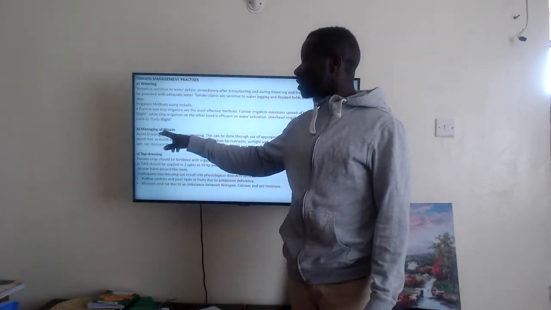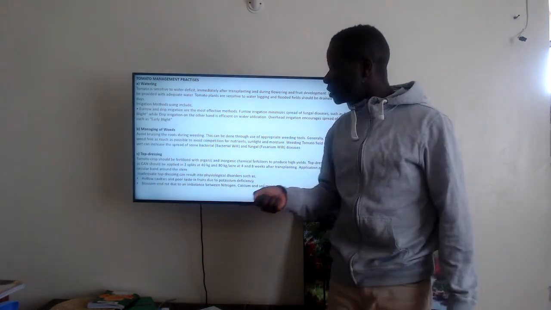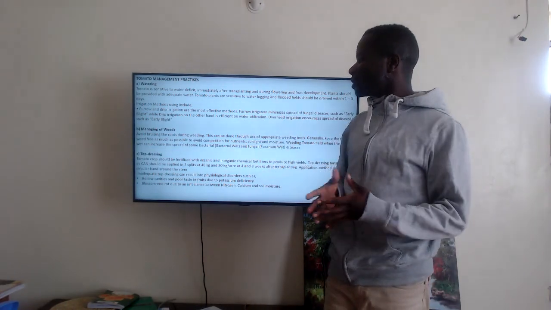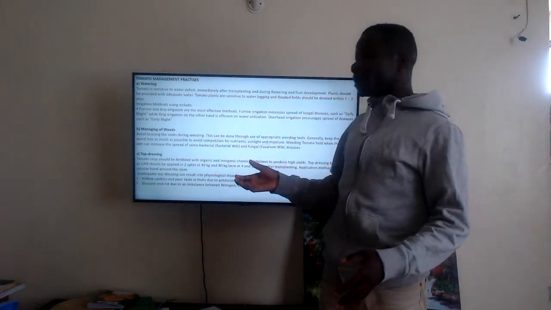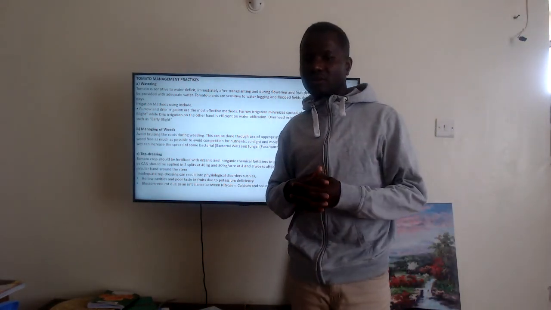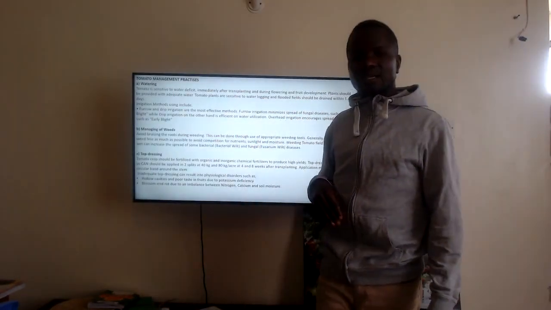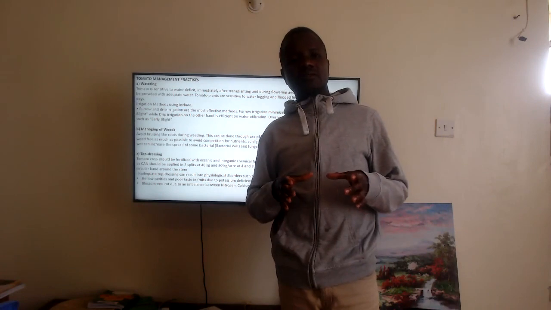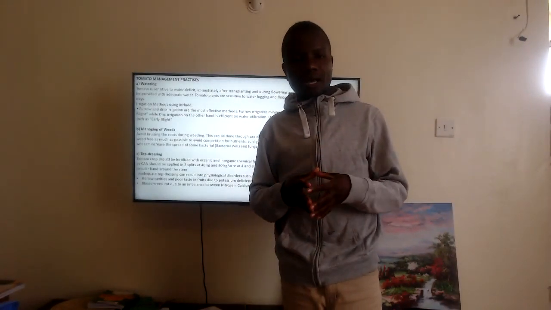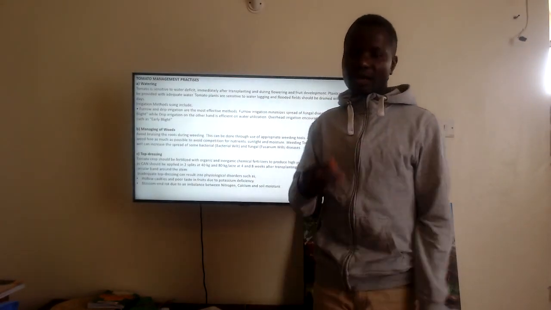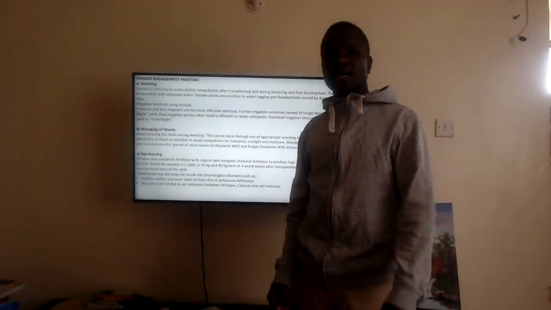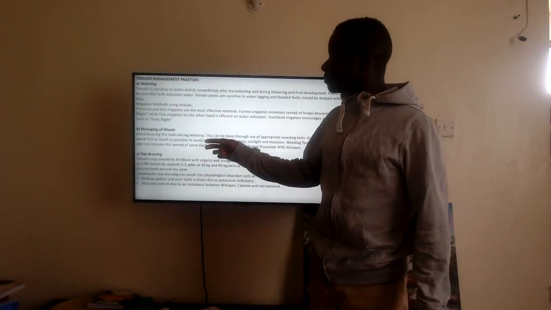Managing of weeds is either done by uprooting, use of chemicals, or weeding by use of jembes and other tools used in the farm. Top dressing, here we top dress with CAN in order to make the stems more firm and also to increase the vegetative vigor of the leaves of a tomato plant.